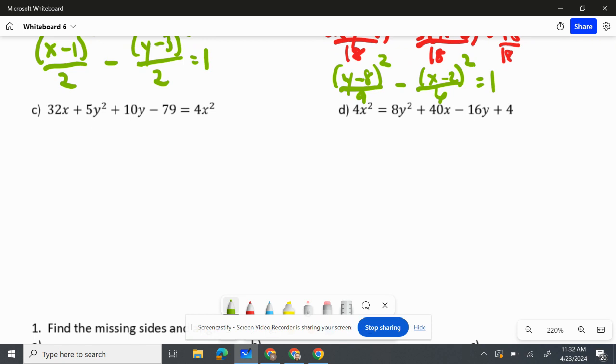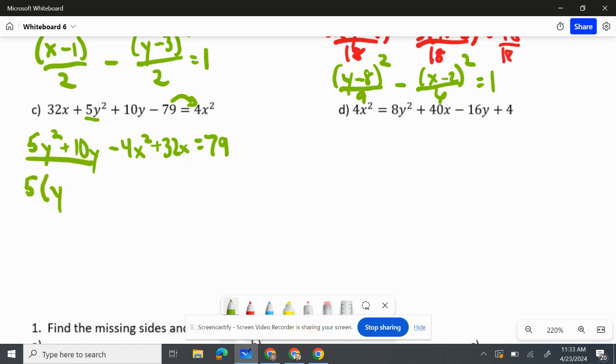So for letter C, I notice that my y is positive, so I'm going to have the 5y squared plus 10y. I'm going to bring over the 4x squared, so negative 4x squared plus 32x, and then I'm going to bring the 79 to the other side, equals 79. I'm going to factor out a 5, so 5 times y squared plus 2y.